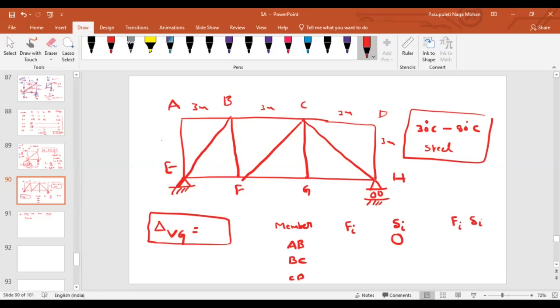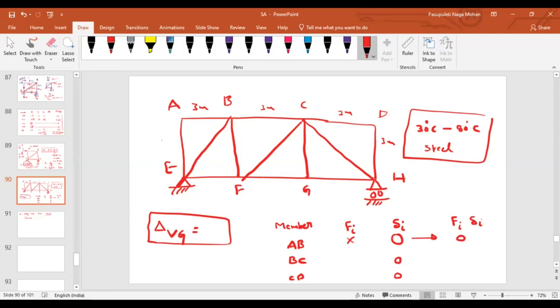Here the temperature change is there in only member CG. That means the change in length will happen only in CG. So what about the change in length in member AB? Will there be any change? Zero. As there is only temperature change in CG, in every other member the delta I value is zero.